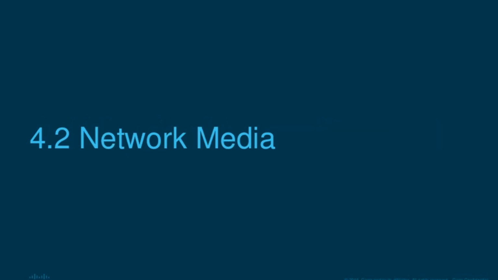Next is 4.2 network media. The characteristic of copper media is that it is transmitted on copper cables as electrical pulses. Attenuation: the longer the signal travels, the more it deteriorates. All copper media must follow strict distance limitations.